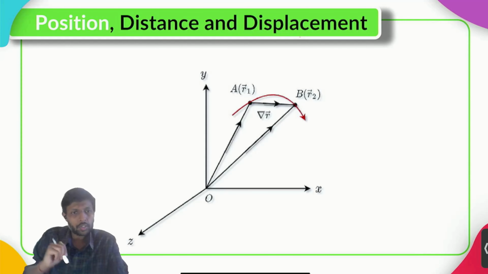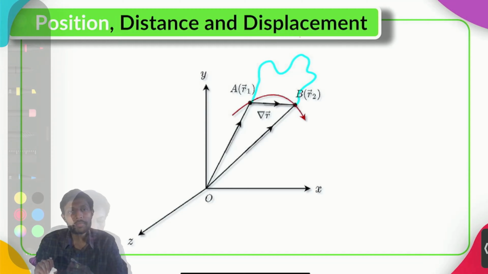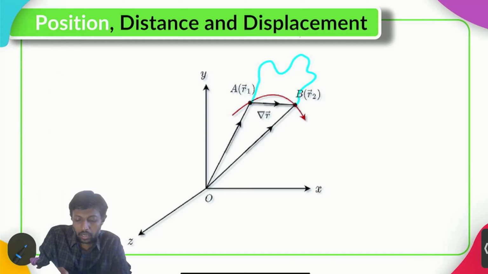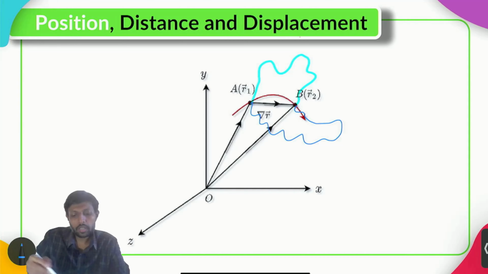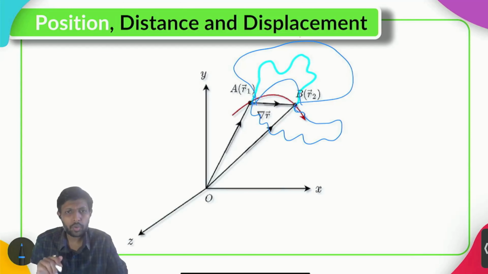One of the paths is shown by the red arrow here. Let me draw a few more paths. The object can also go around, let's say, this path and come to point B, or the object could have moved along this path and came to B, or this path, or this path, many different ways to come to point B.